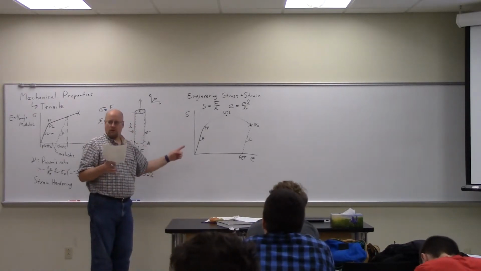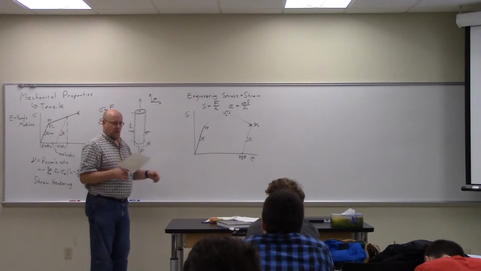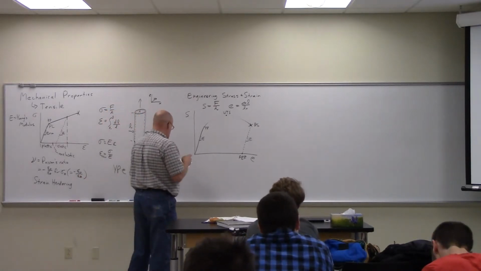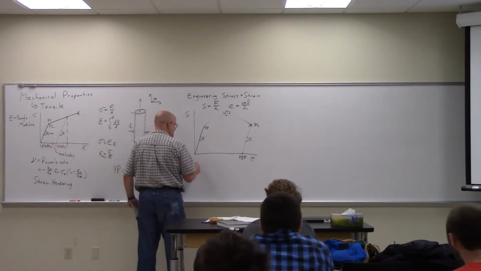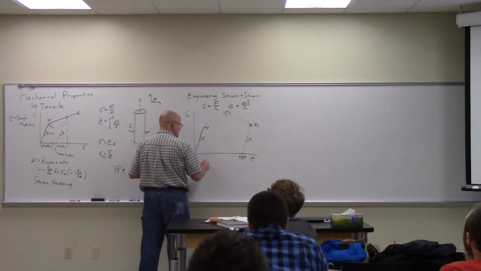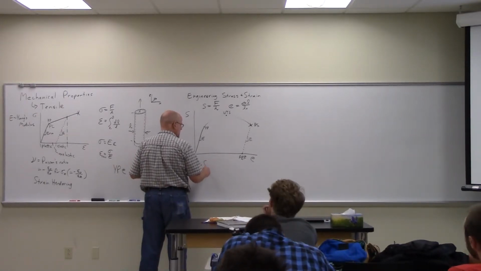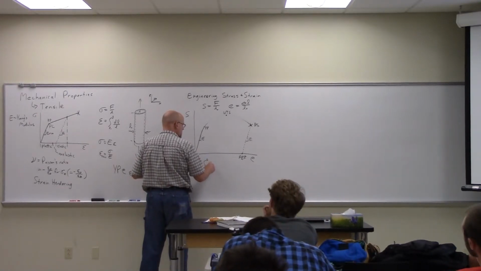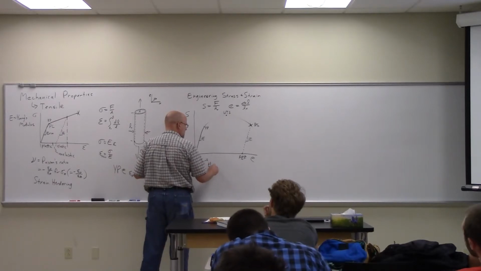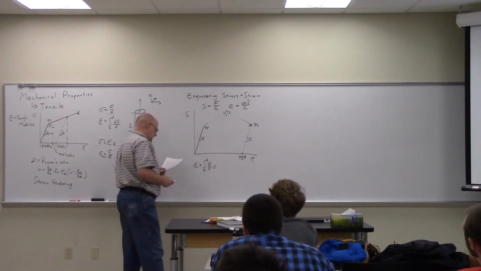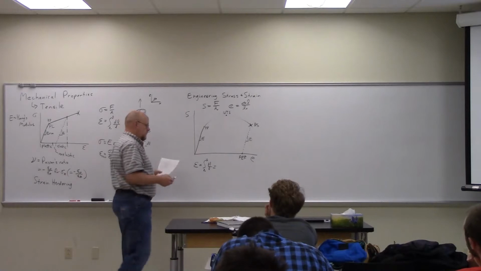Okay, any other questions about that? Okay. So if we have true strain, it is an integral from L naught to L of dL over L. Well, we can actually analyze that integral, right?